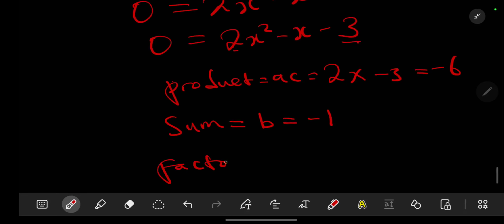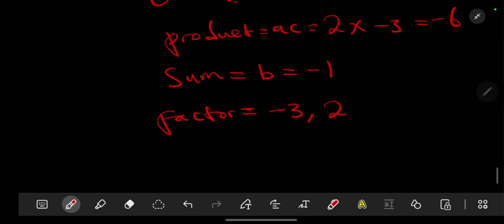Then what is our factor? Our factor is two numbers which when we add them give us negative 1, and when we multiply them give us negative 6. So these two numbers can be negative 3 and positive 2. When we add, we get negative 1, and we multiply to get negative 6.